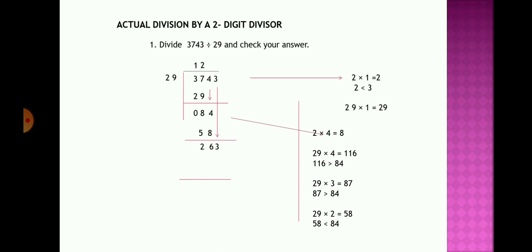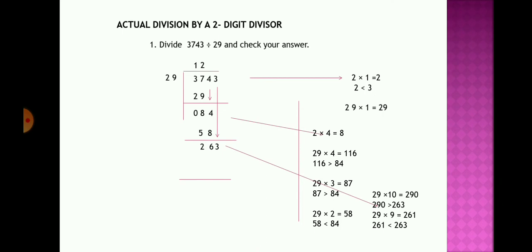Now look at the number, children. We got 263, isn't it? Now I can try in this way. From the 29 table, 29 tens are, we all know, 290. See, 290 is more than 263. So let us try with the predecessor of 10. Which is the predecessor of 10? 9.